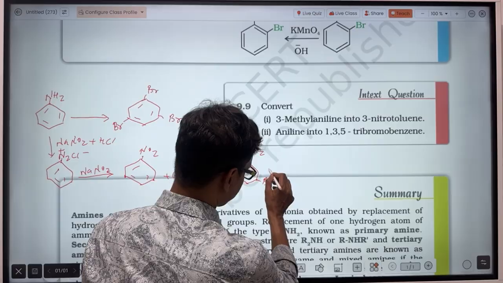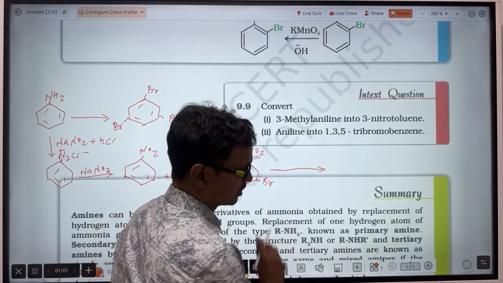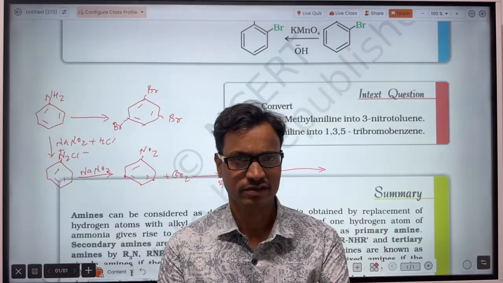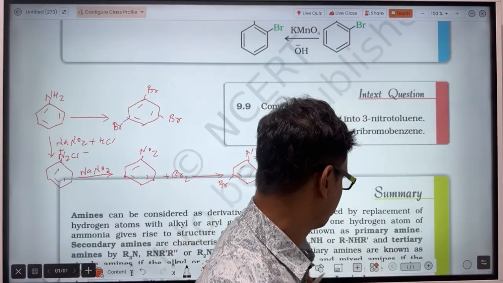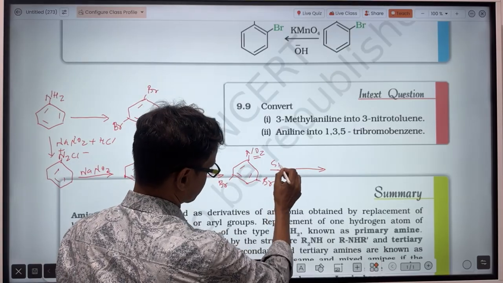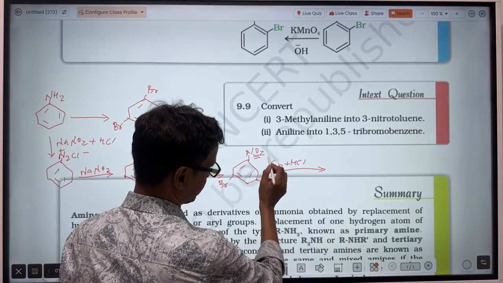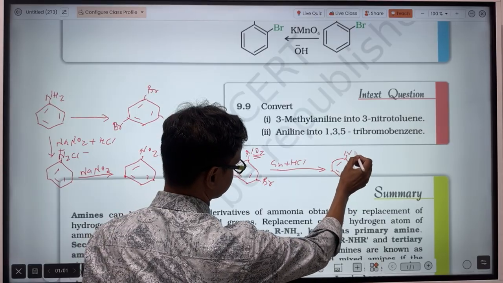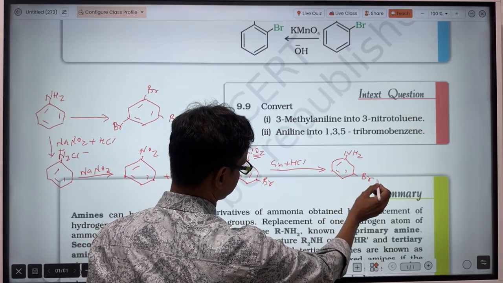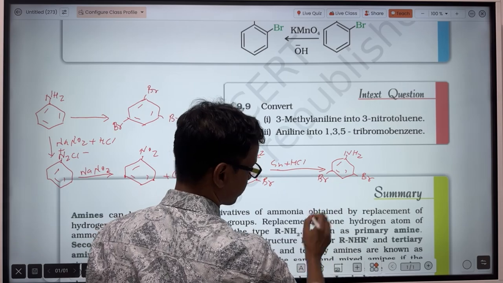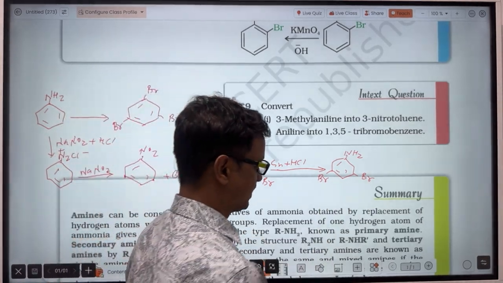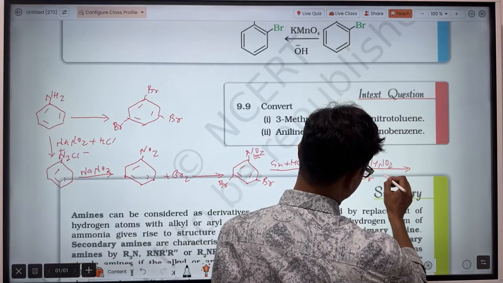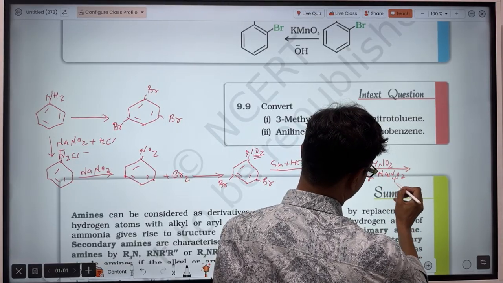So what to do? Convert this NO2 into a diazonium salt, and then after replace it by bromine. So here take Sn and conc. HCl, that will convert it to aniline. After that react with HNO2, which was formed by reacting NaNO2 and conc.